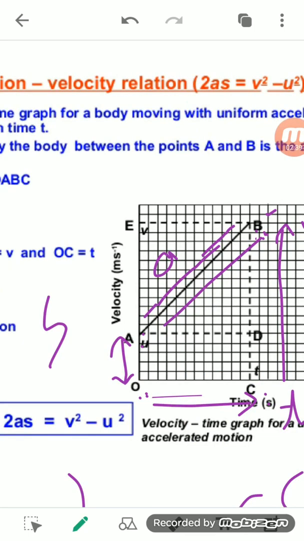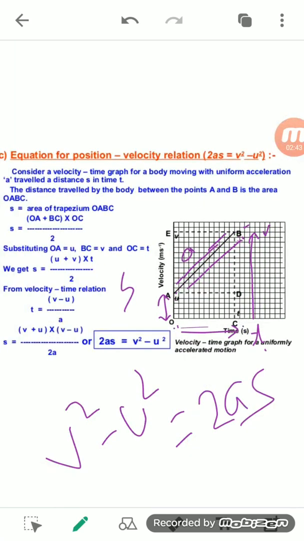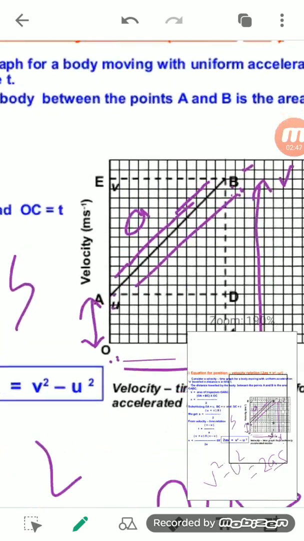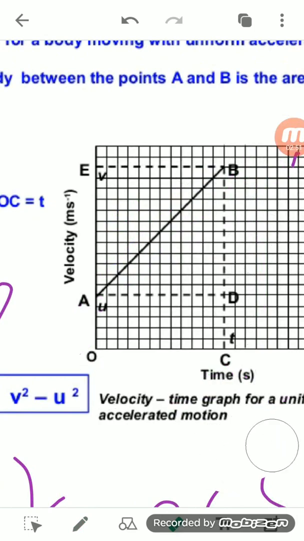Now see here, the distance traveled by the body from point A to B. Earlier we discussed that if we want to calculate the distance, we have to calculate the area covered by the body.